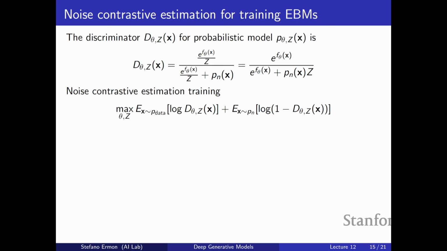Can we allow Z not to be the integral? Why is that fair game? It's fair game only to the extent that in the limit, you will learn a partition function. In general, you will not. The solution to this optimization problem will give you a Z in practice that is not the true partition function of the model. It's just going to be an estimate.